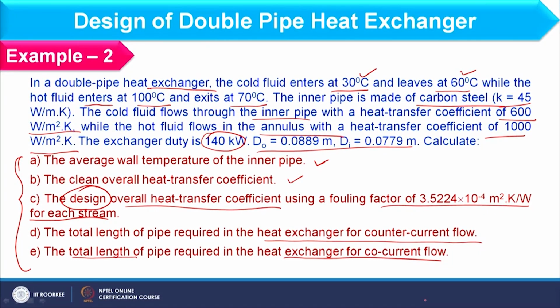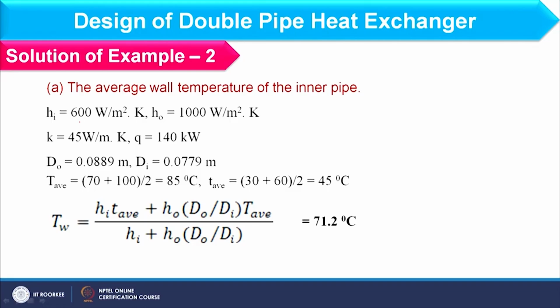So, let us start with part A of this example. Part A says that we have to find out the average wall temperature of the inner pipe. For that, you have to find out the heat transfer coefficient at the inner side and the heat transfer coefficient at the annulus side.